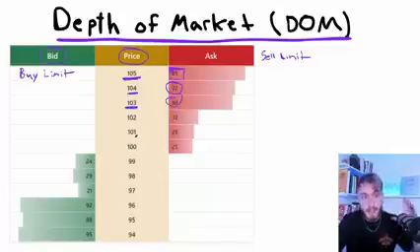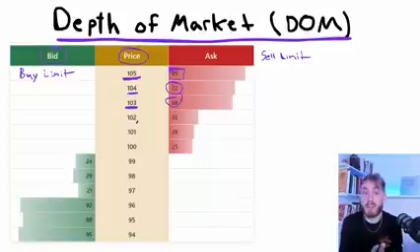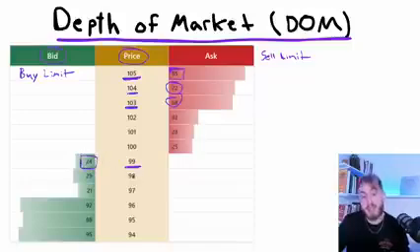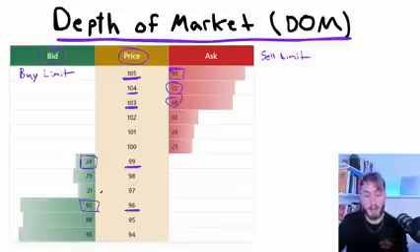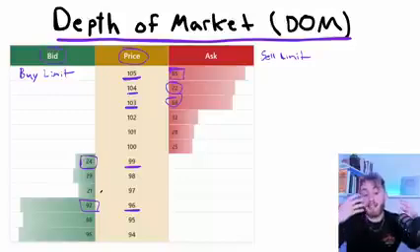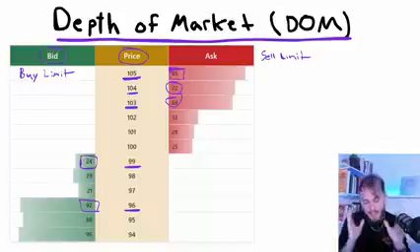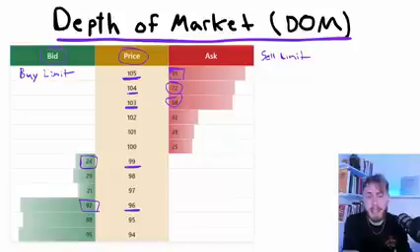And the same thing, but the opposite, is true on the green side, the buy limit side. So for example, if you take a look at the price of 99, we have 24 orders waiting. At the price of 96, we have an order to buy 92 waiting. And let me actually be more specific. The numbers here are not how many orders or how many people want to buy.